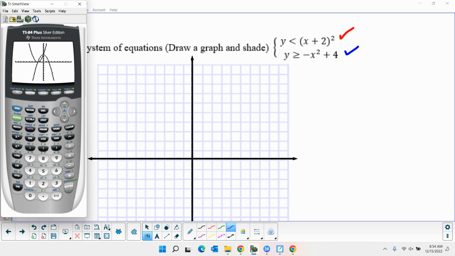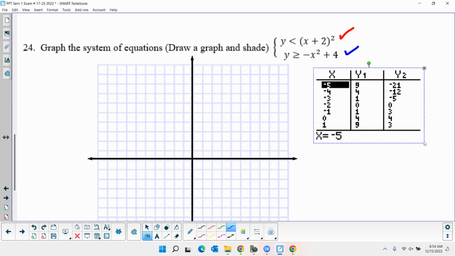If you want to do some points so it looks like it's supposed to, you can. Let's look at the first one, I guess. This is the red one. Negative 5, 9.